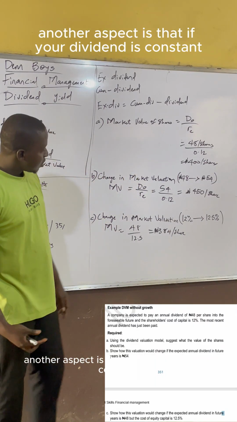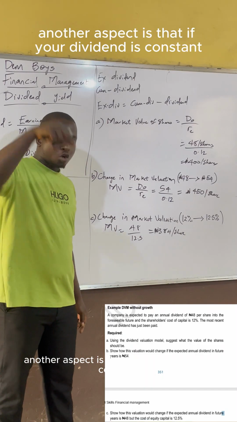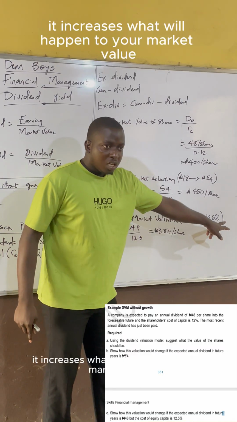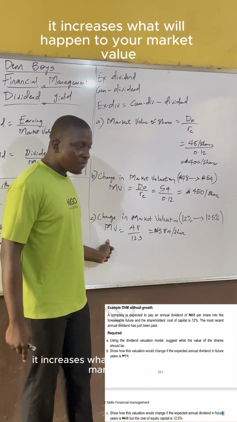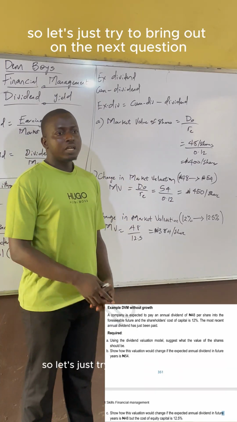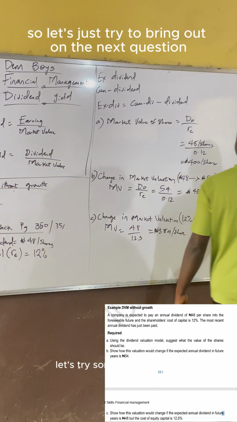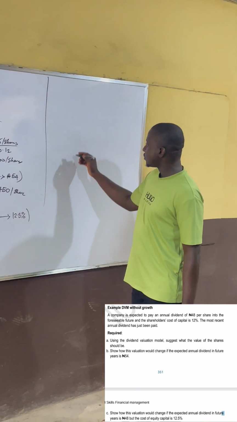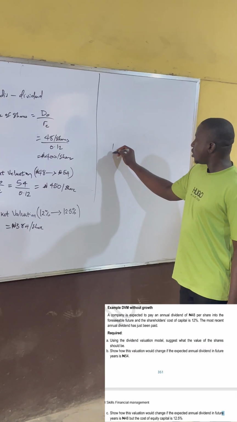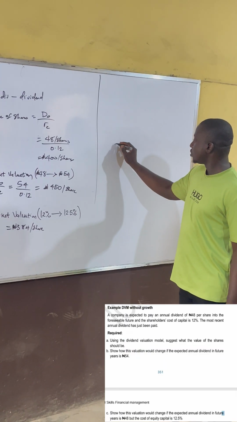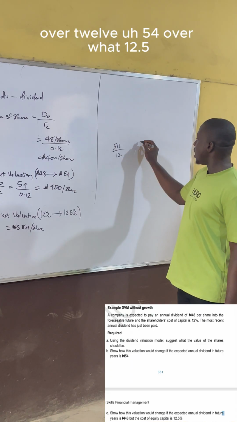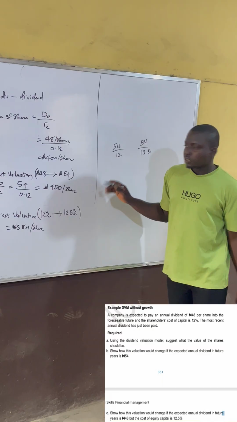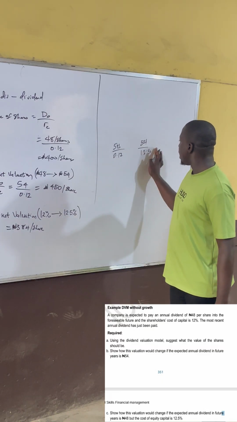Another aspect is that if your dividend is constant, meaning it doesn't change, and your cost of equity increases, what will happen to your market value? It will decrease. So let's try something. Let's say 54 over 12, 54 over 12.5, 0.125.